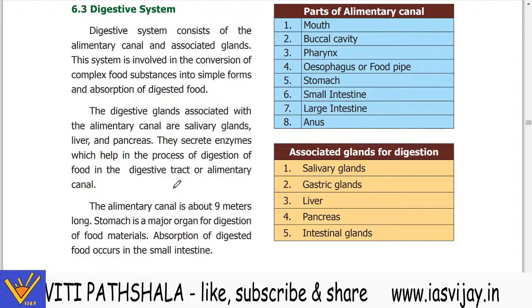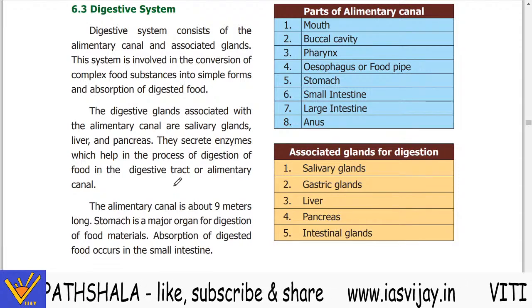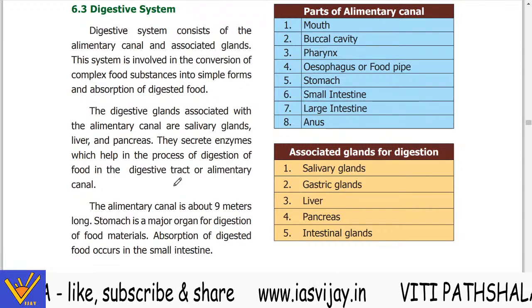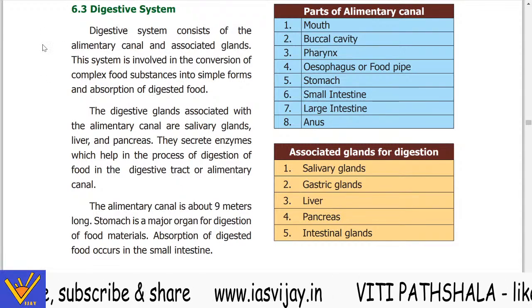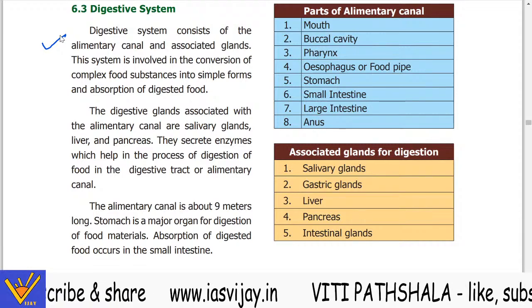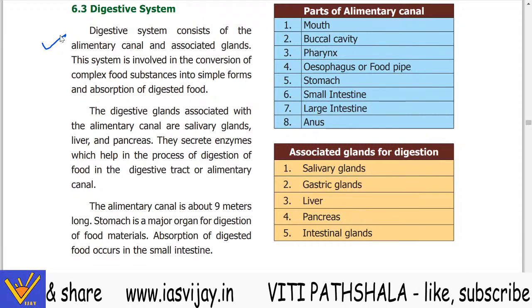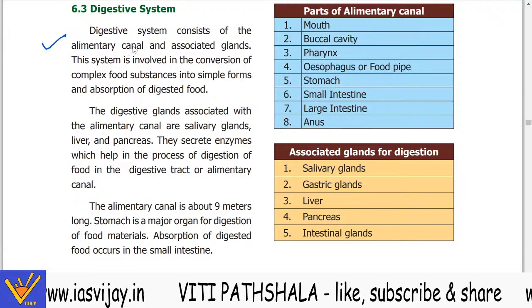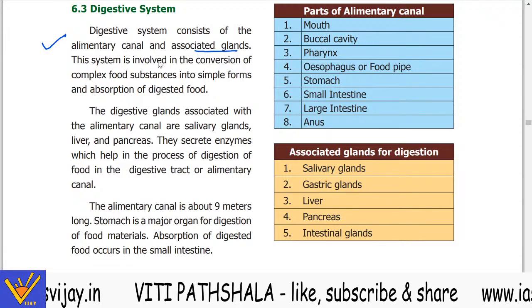Now next comes the digestive system. The digestive system consists of the alimentary canal and associated glands. So we would be reading these things again in the 9th class. When we come to the 9th class, we will be doing these again. Now the digestive system has the alimentary canal and then the associated glands.